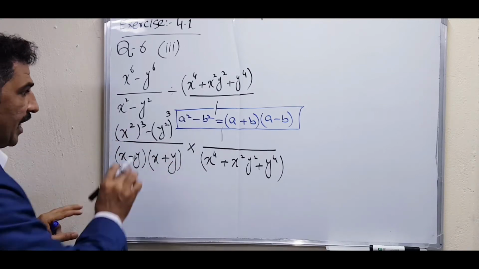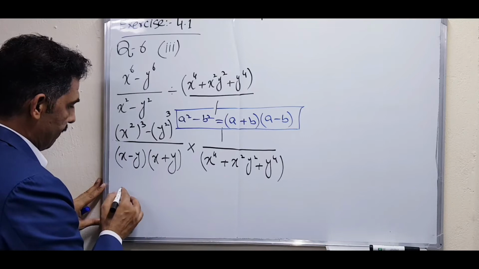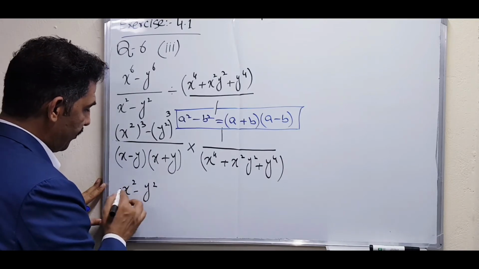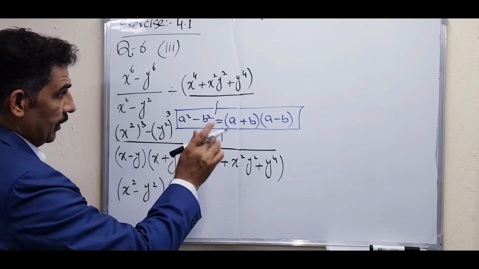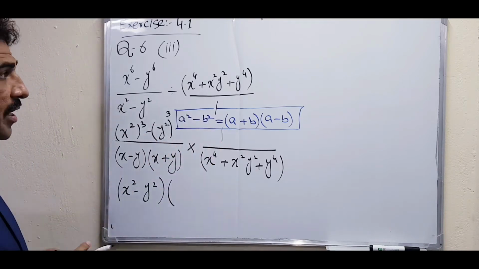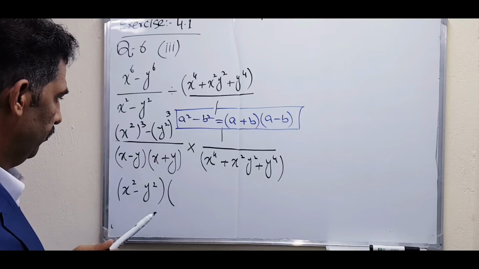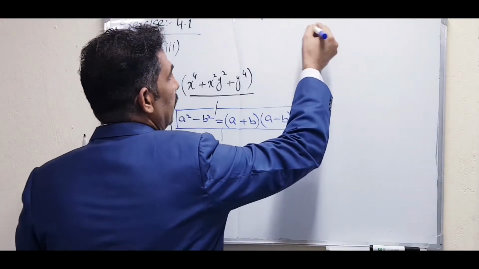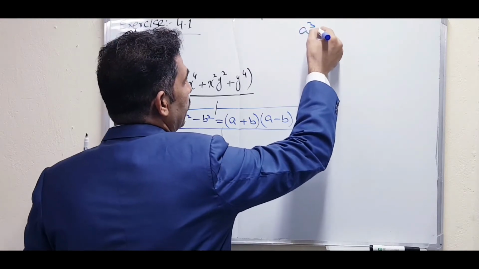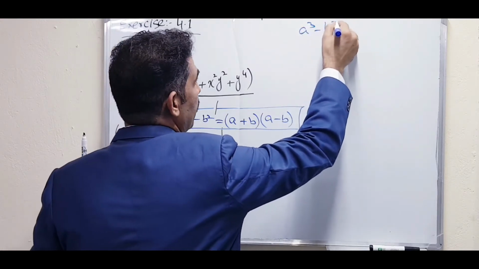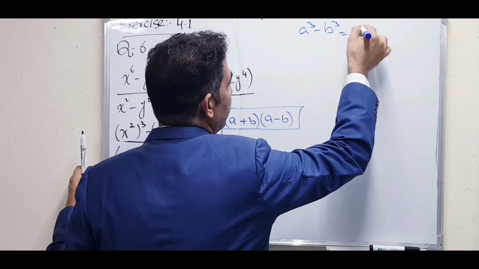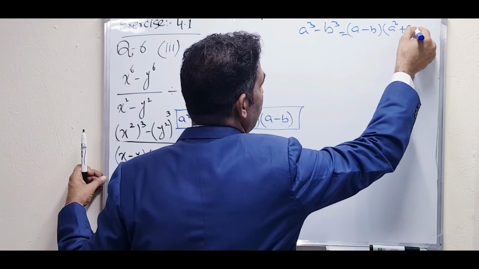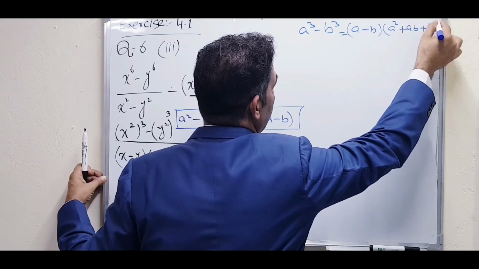So when you write that one, x square minus y square, do you know which formula of a cube minus b cube? I have to write the formula which I am using here: a cube minus b cube is equal to a minus b into a square plus ab plus b square.